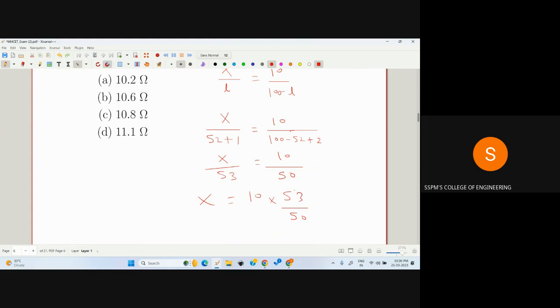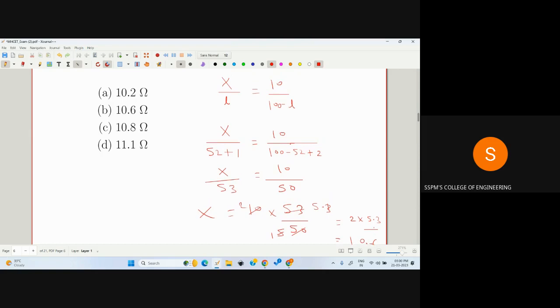Then solve it. 10 fives are 50, and this will become 5.3. 5 twos are 10, 5 ones are 5. It will be 2 into 5.3, or it is 10.6. The unknown resistance is 10.6.